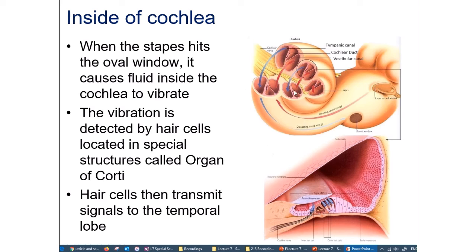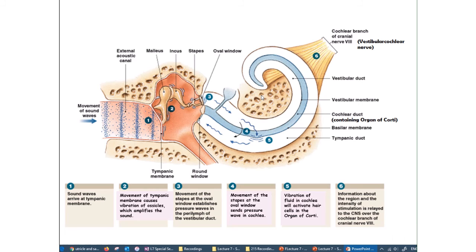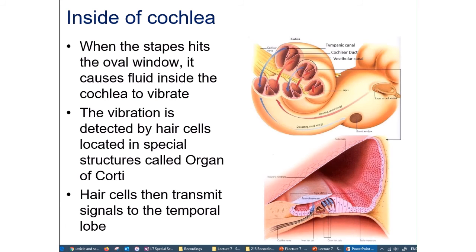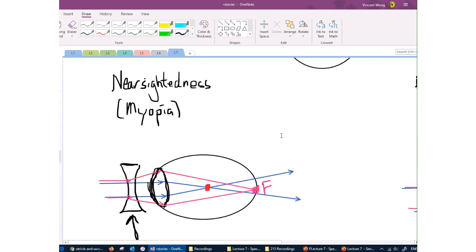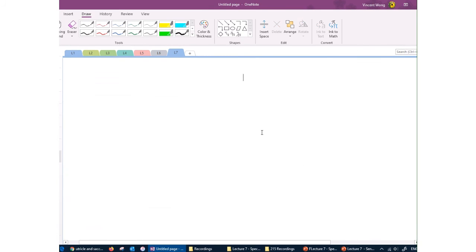Okay, within the cochlea, it's actually split into three separate channels. One of the channels is responsible for sending the shock wave in, and the other one is for sending it out. Maybe I can draw this for you in another diagram to help you visualize it a little better.